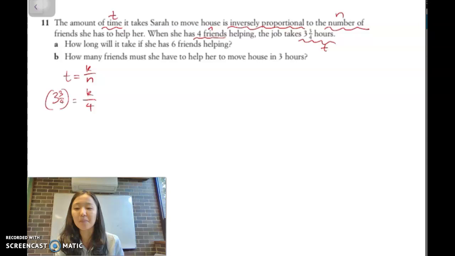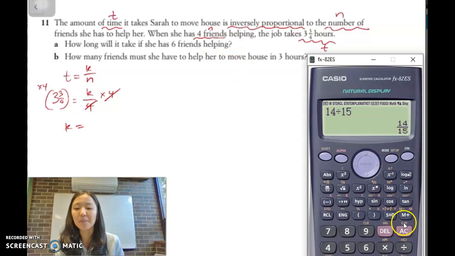You solve for k by multiplying out the 4. That will give us k is equal to, let's get our calculator out, 3 3/4 is 3.75 times 4, which gives us 15. Therefore, t is equal to 15 over n.